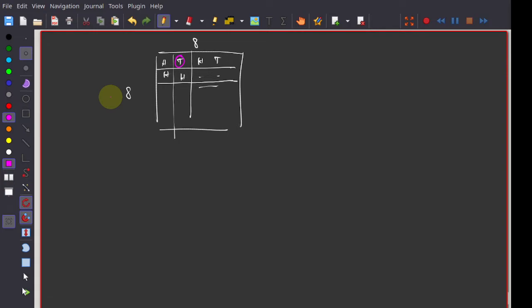So A now looks at the entire arrangement on the board. So far he doesn't even touch the board. He looks at the board and then after looking at it, he can flip at most one of these coins.